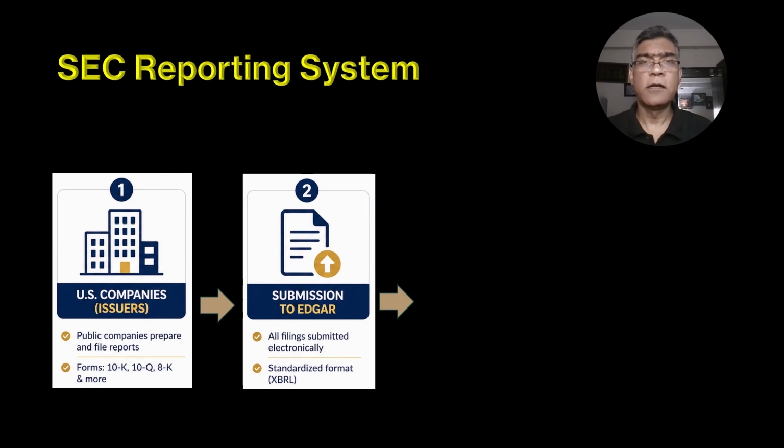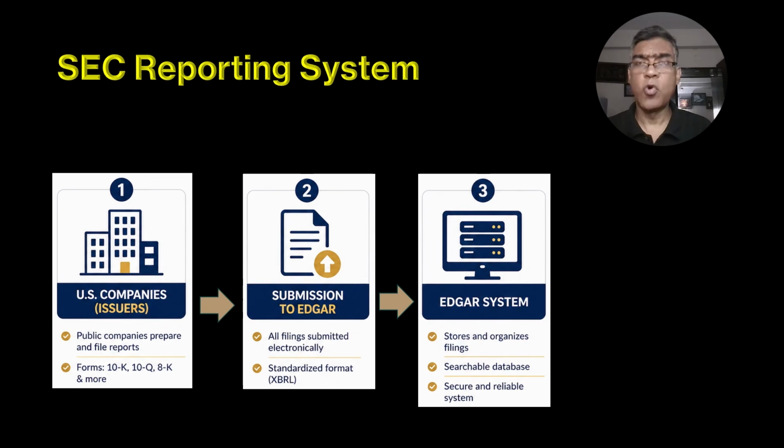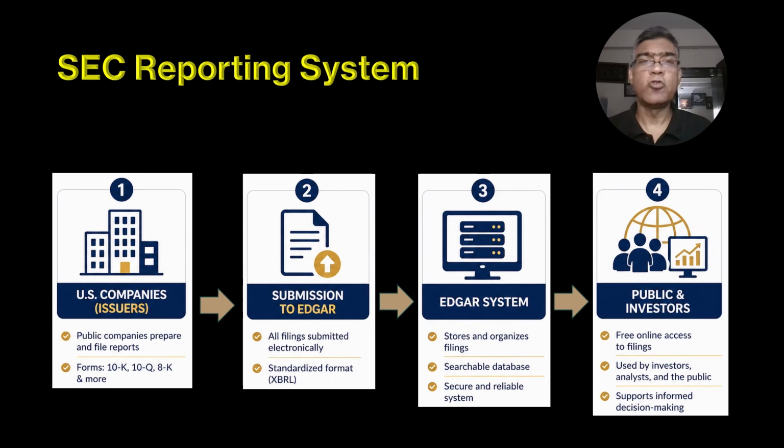Once submitted, the EDGAR system stores and organizes the filing in a secure and searchable database. Finally, the information becomes available to the public and investors, with free online access, helping analysts, investors, and regulators make informed decisions. So, the flow is simple. Companies, EDGAR, public, and investors. That's how transparency and trust are maintained in the US capital markets.